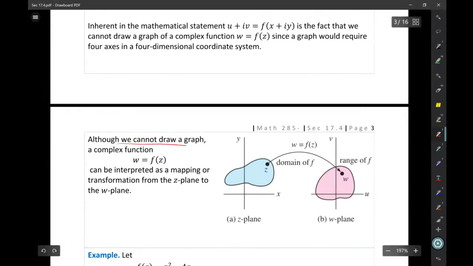Now we cannot draw the graph of a complex function. We cannot draw the graph of a complex function. It can be interpreted as a mapping or transformation from the z plane to the w plane. Why?